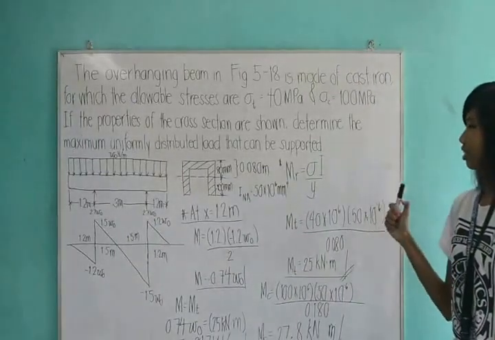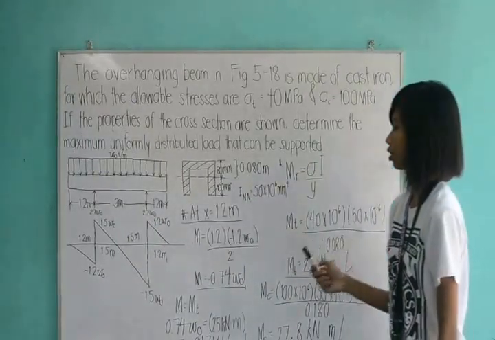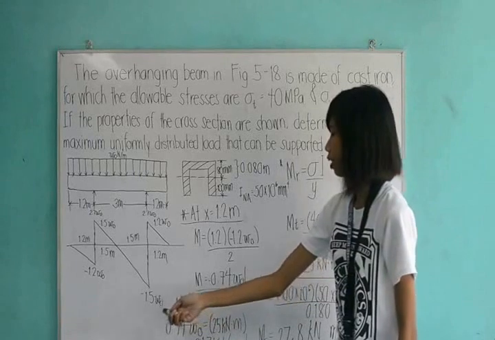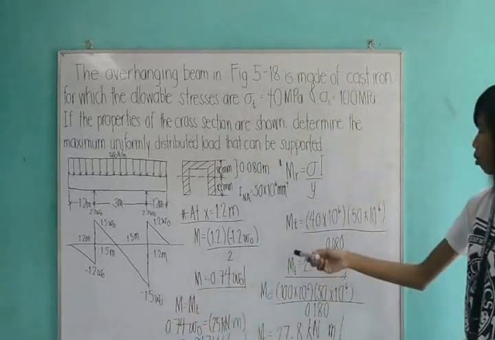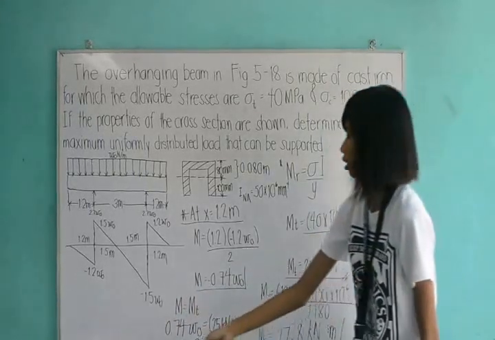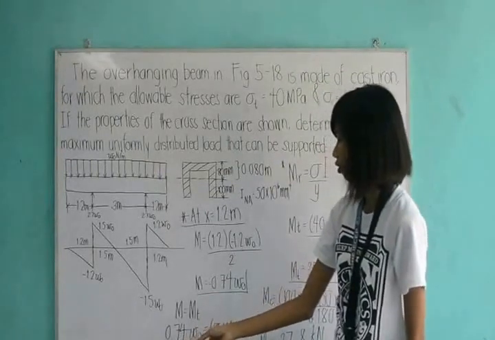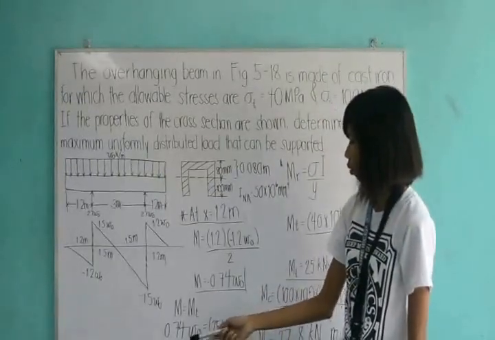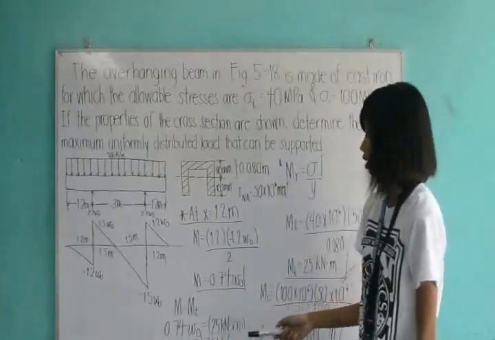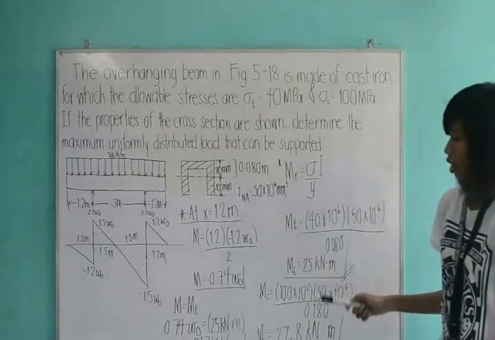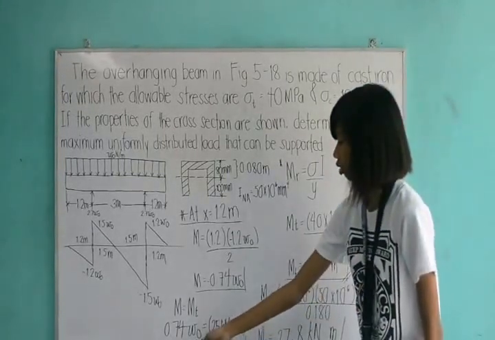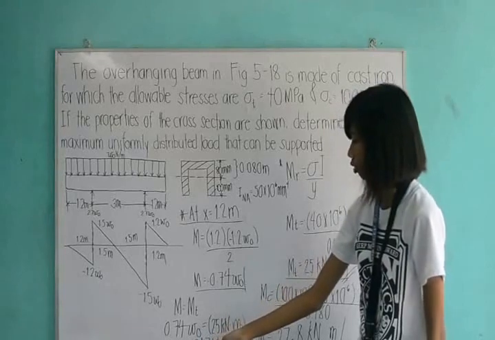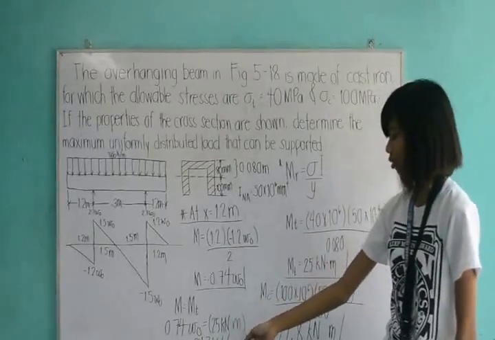Because the tension is on the upper fibers, we will equate the bending moment to the moment tension. So 0.74 omega sub O is equal to 25 kilonewton meters, which will lead us to omega sub O is equal to 34.7 kilonewtons per meter.